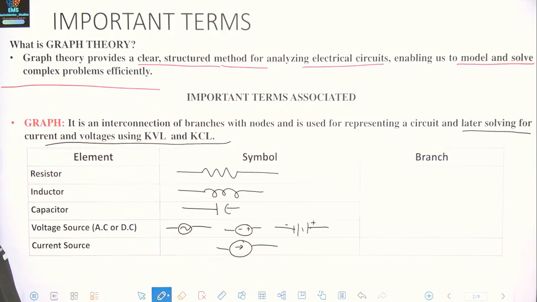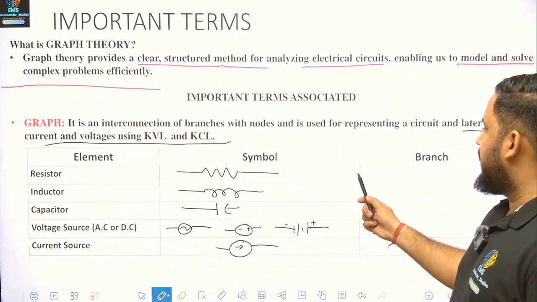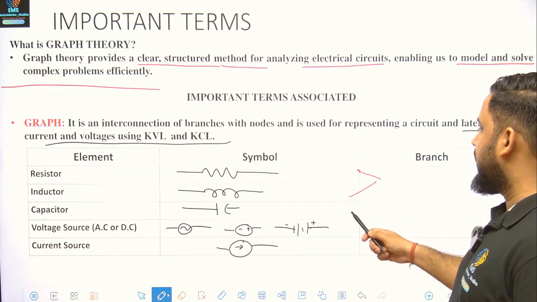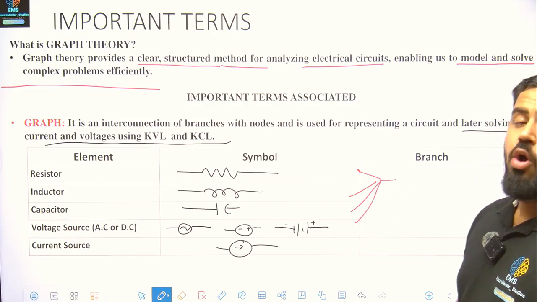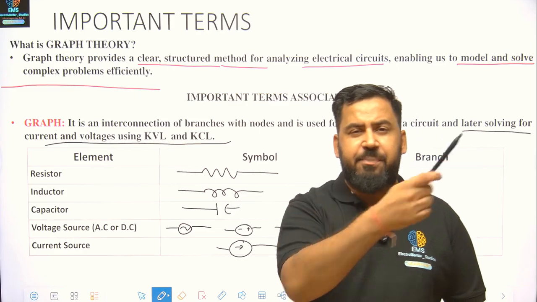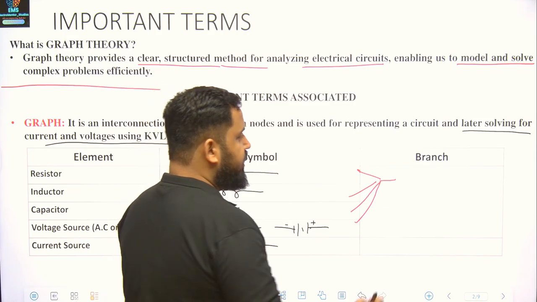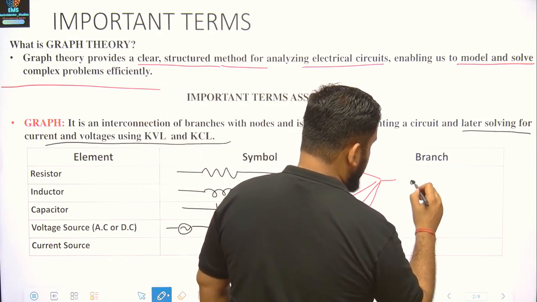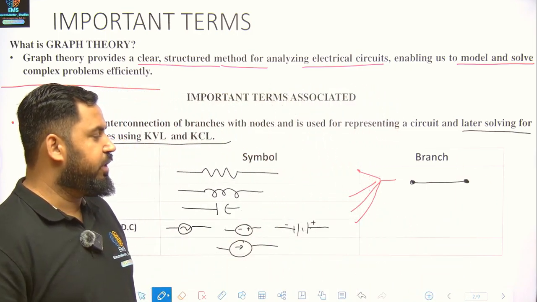So in a graph, whether it is a resistor, an inductor, a capacitor or a voltage source, or maybe a series combination of all three or all four or any two, we replace it with a branch.